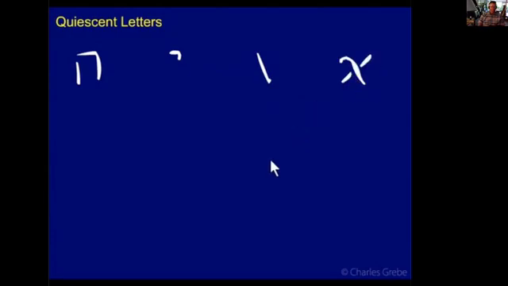Now, have we seen these consonants before as a group, or at least some of them? These ones here should look familiar to you. These are our matres lectionis. If you remember, back to our vowel chart, we had these at the top. He was associated with the A vowels, Yud with the I-E vowels, and Vav with the O-U vowels.